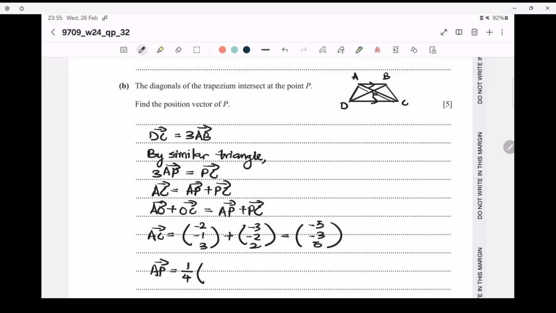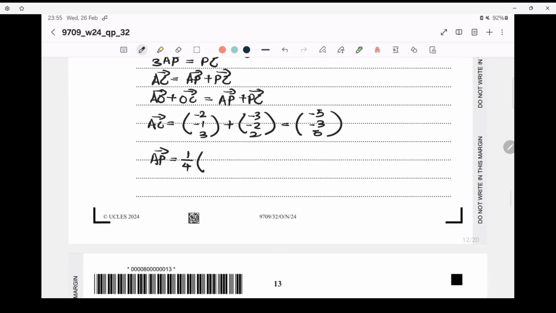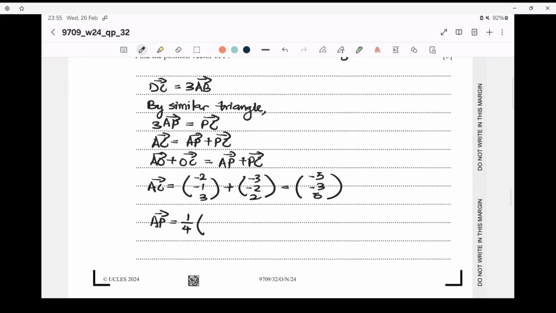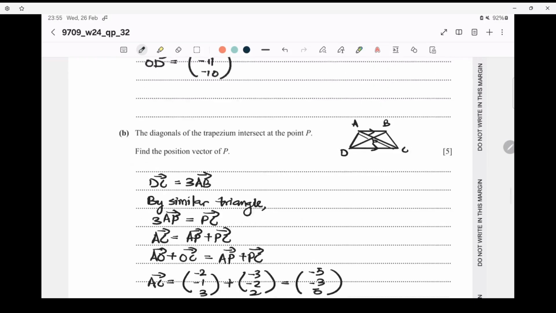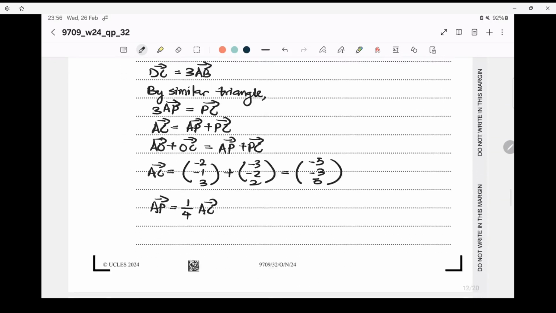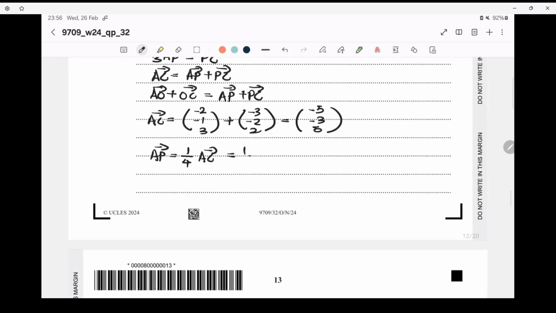So the total length will be 4 parts. So AP will be equal to 1/4 of AC. So this is 1/4 times (-5, -3, 5).